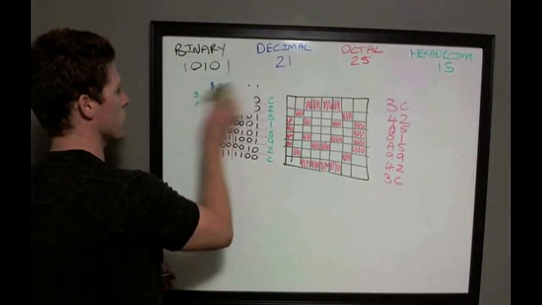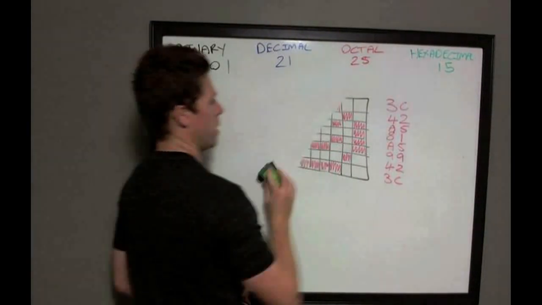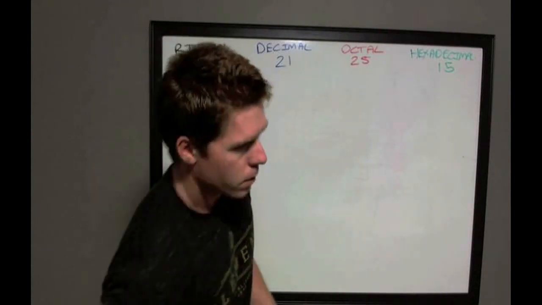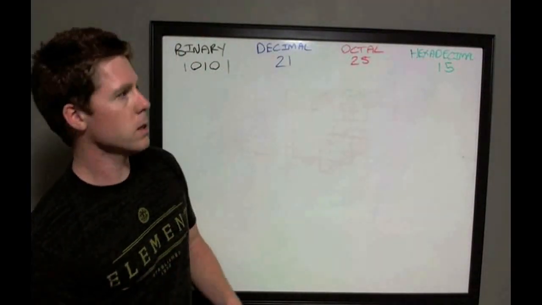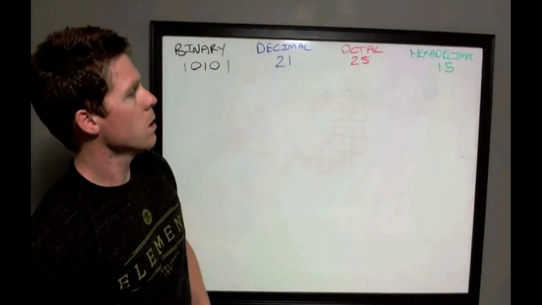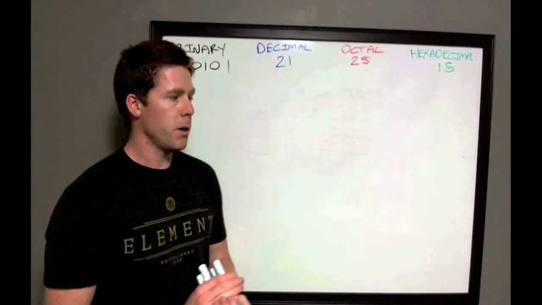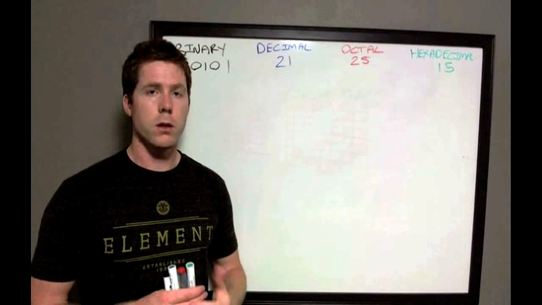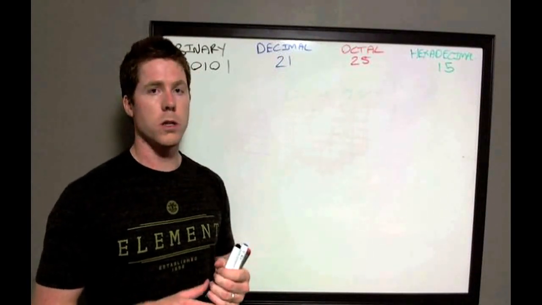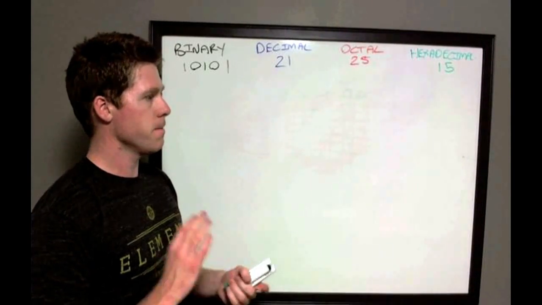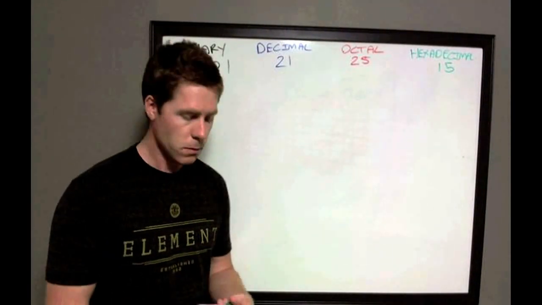What about another use of where we might want to use a different number system? Well, we'll talk about this a bit later, but I'll bring it up now: address buses in a computer. Any of you who have dealt with address buses before may have been dealing with hexadecimal addresses.